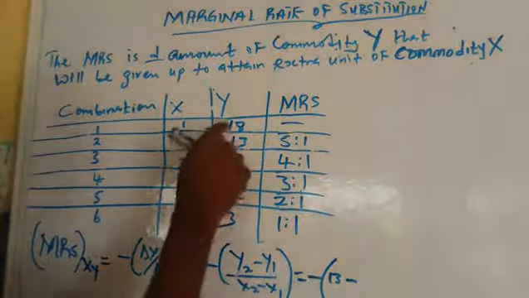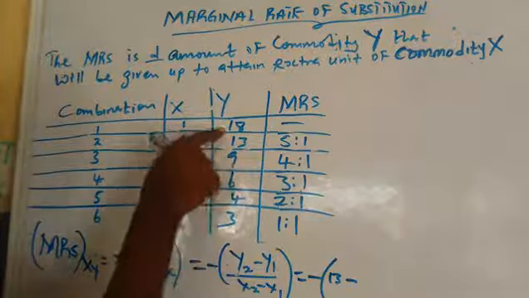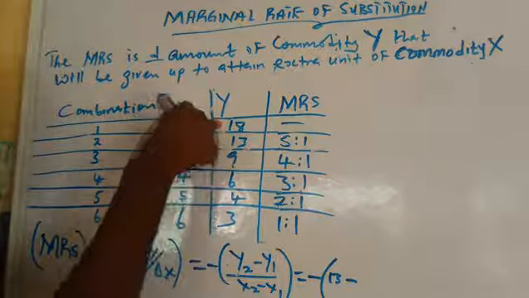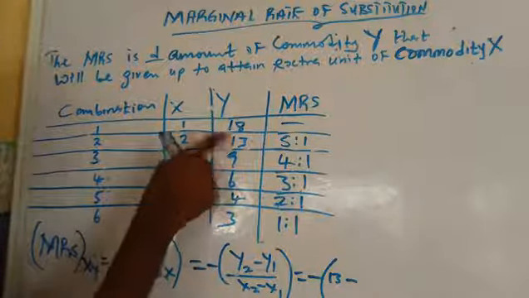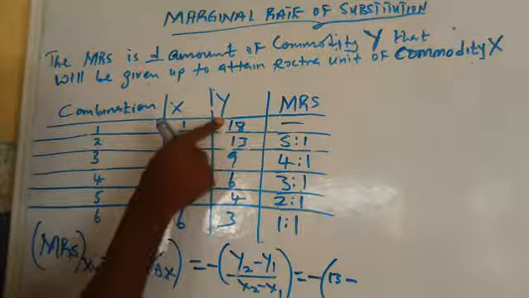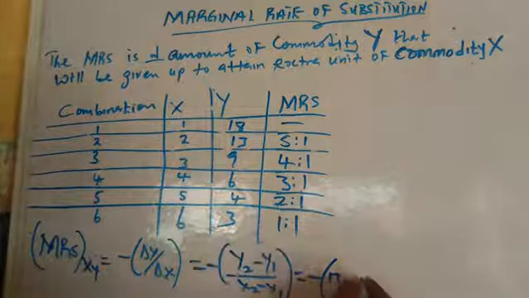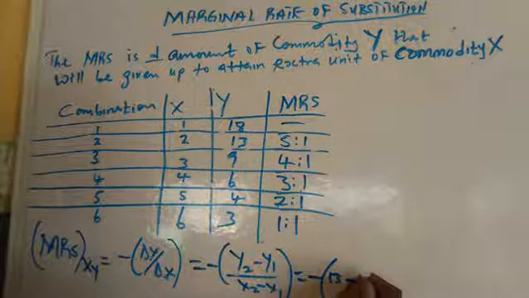Minus Y1. Y1 is the one that is preceding the new Y. So just look up. The Y above that Y2 is the Y1, which is the old Y, and that is 18.